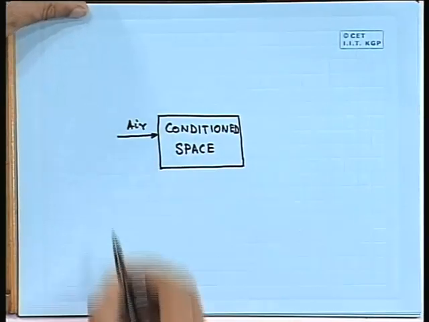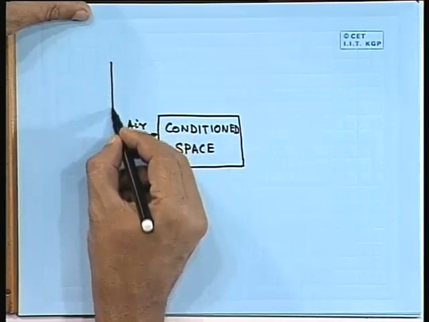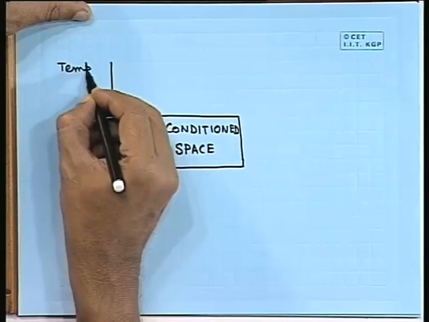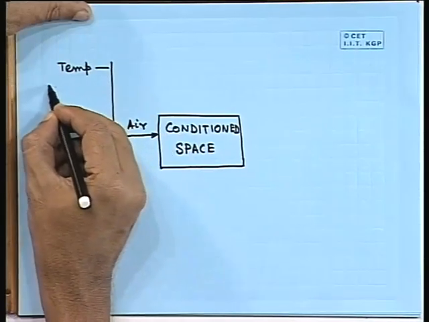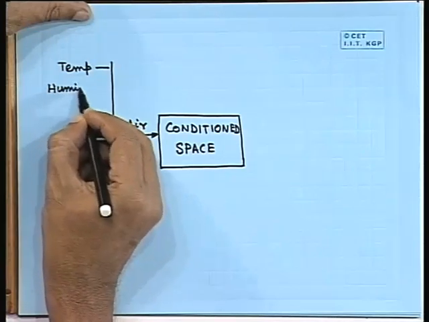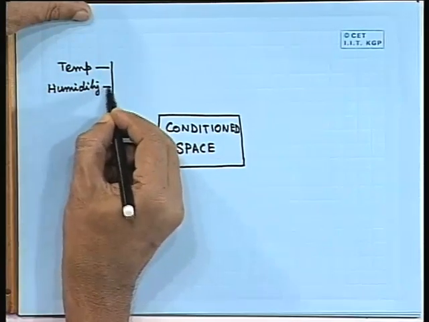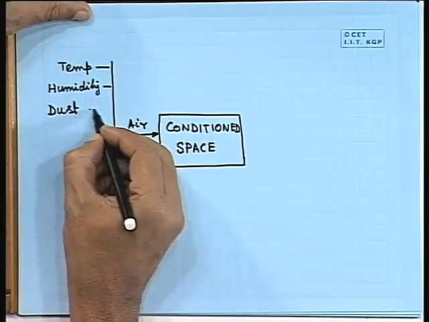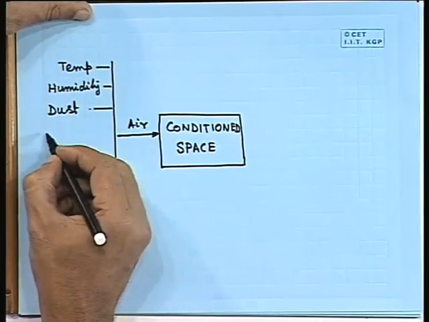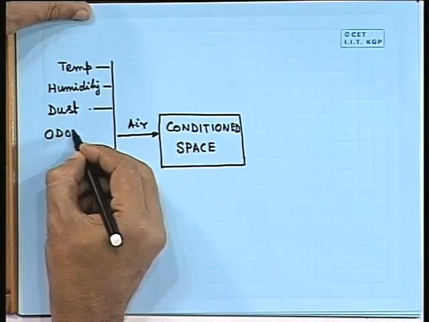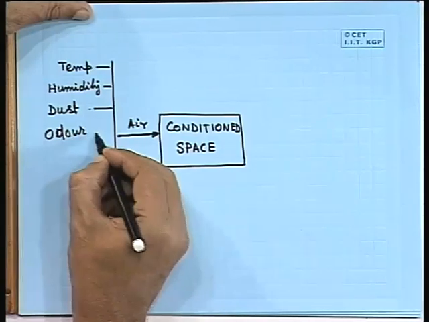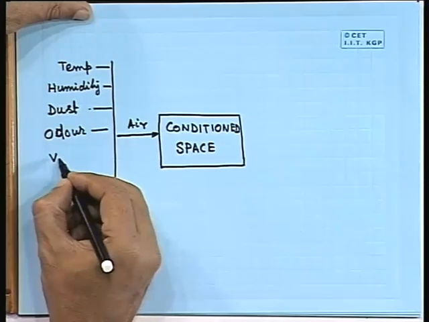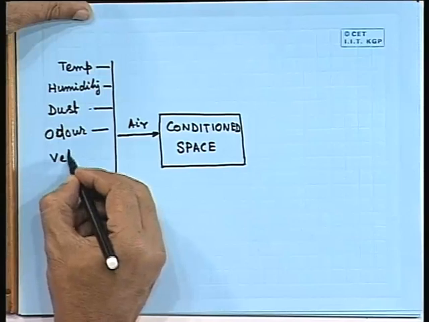This air has different attributes like temperature, like humidity, like dust, like odor, like it should also have some velocity.